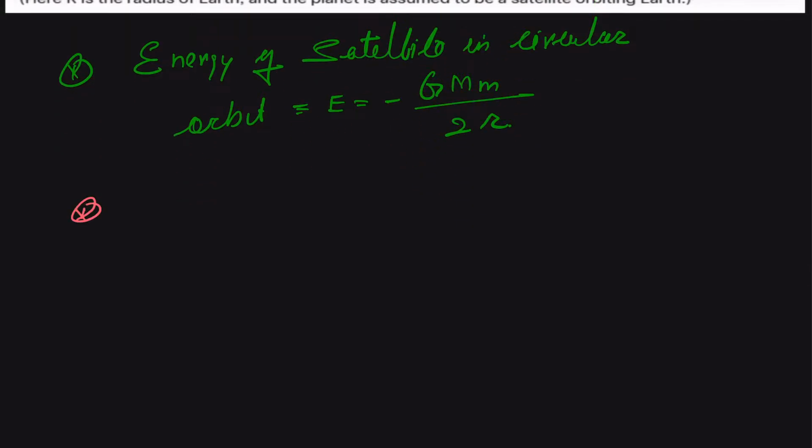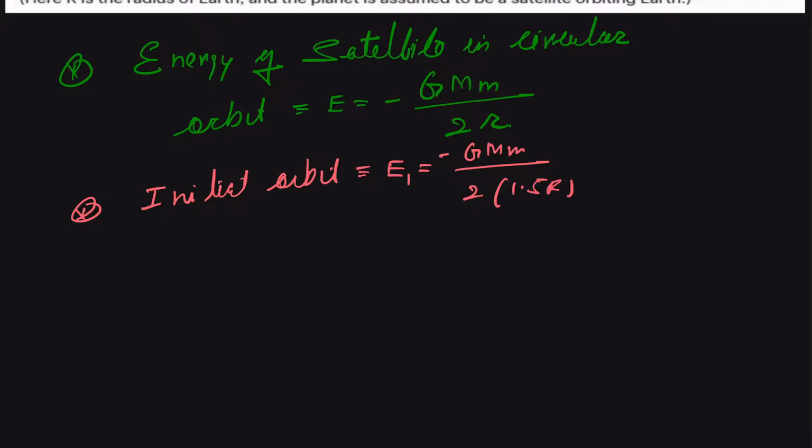So we can say the initial orbit, let us call this E1, will be equal to minus GMm upon 2 times 1.5 times R, which gives us minus GMm upon 3R.